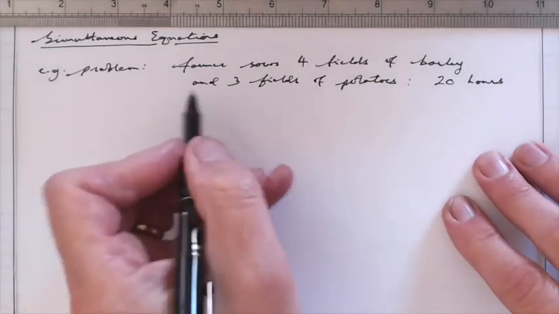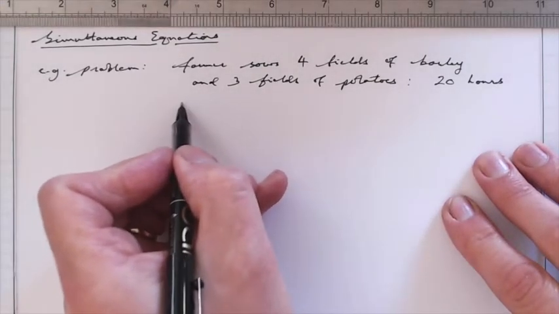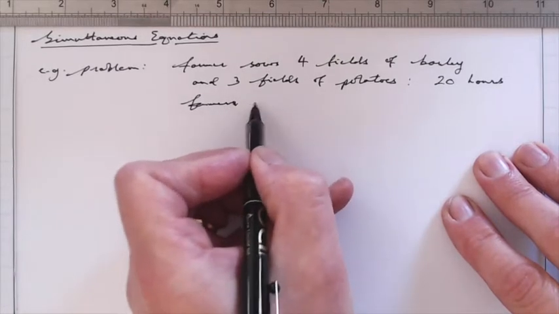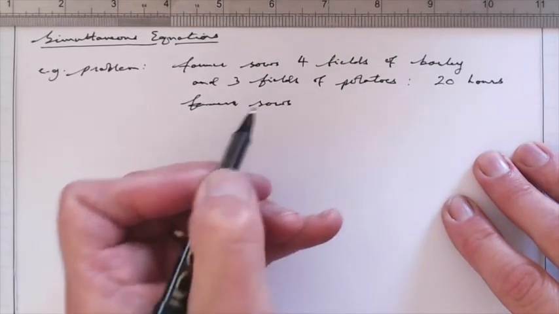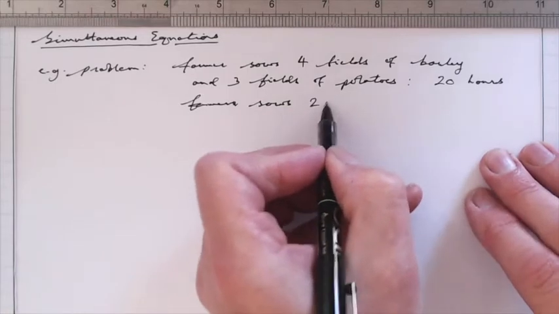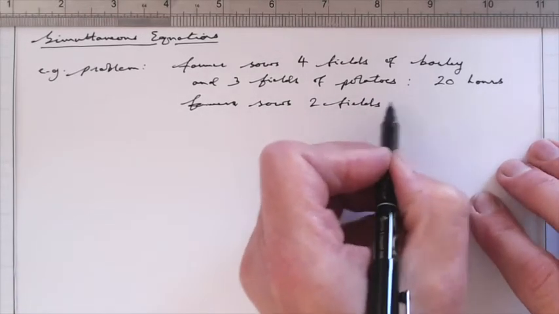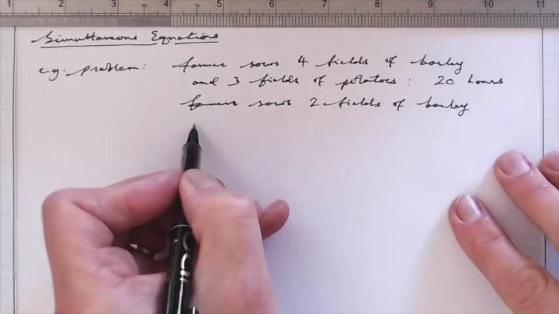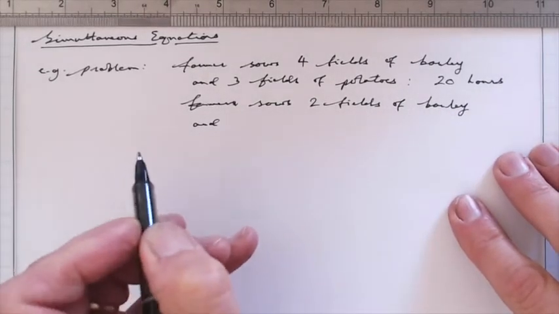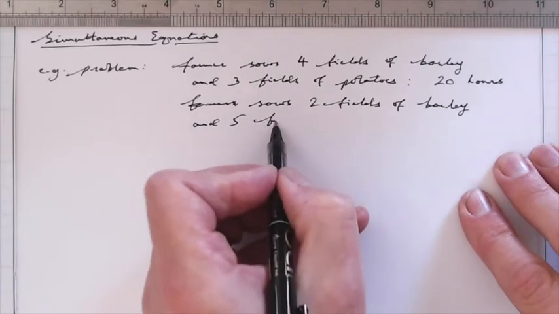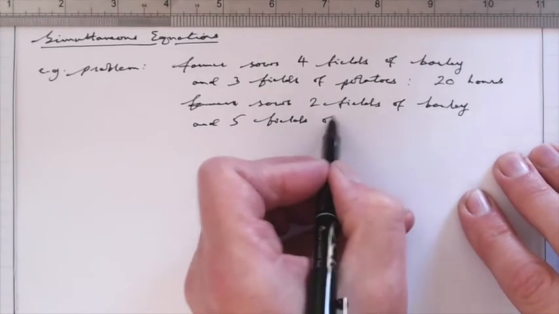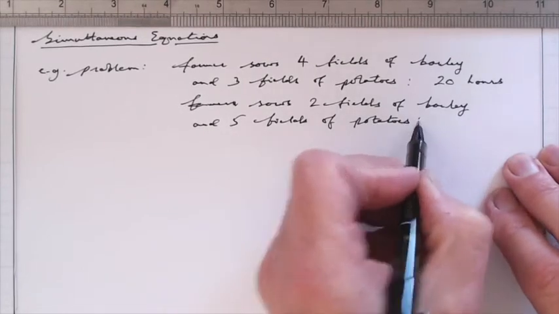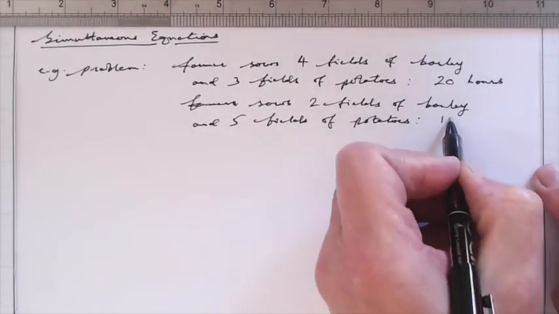On a different day, the farmer sows 2 fields of barley, and 5 fields of potatoes. And that takes 17 hours.